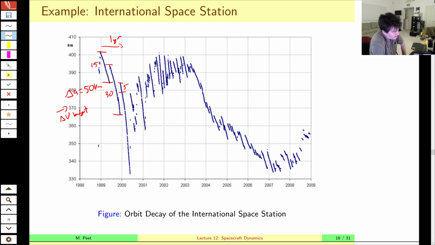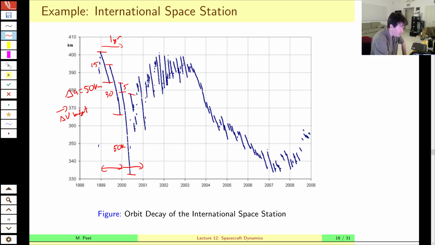But things get worse. So look at this year. That was 1999 through 2000. The very next year, look at this. We have a decrease in altitude of 10, 20, 30, 40, almost 50 kilometers, let's just write 50 kilometers, and not even half a year.